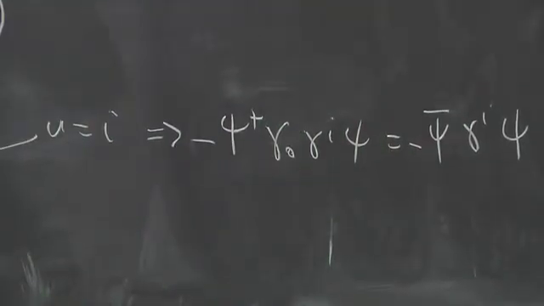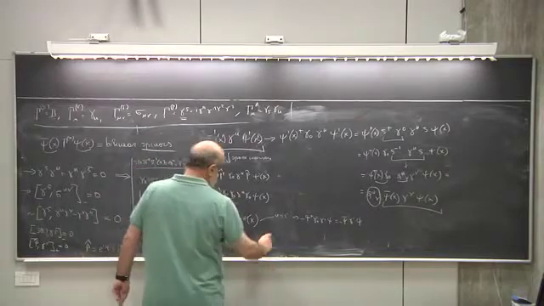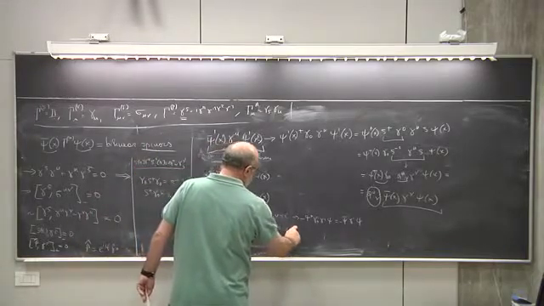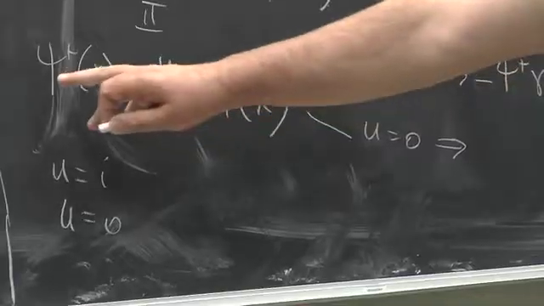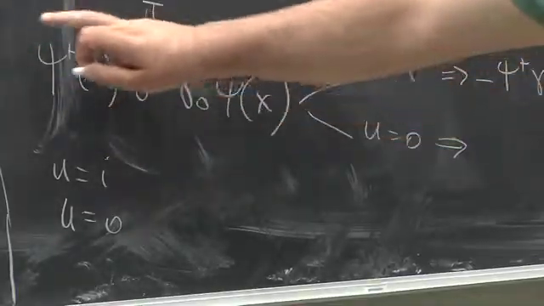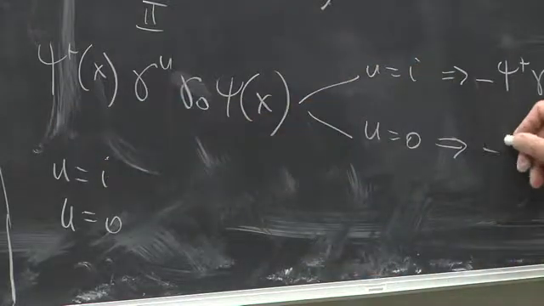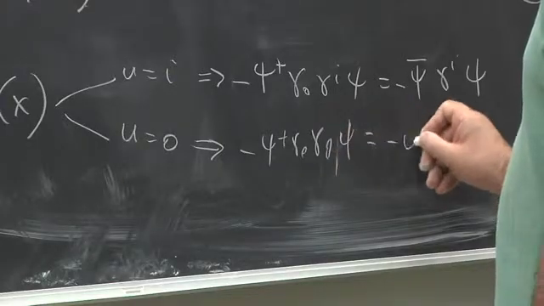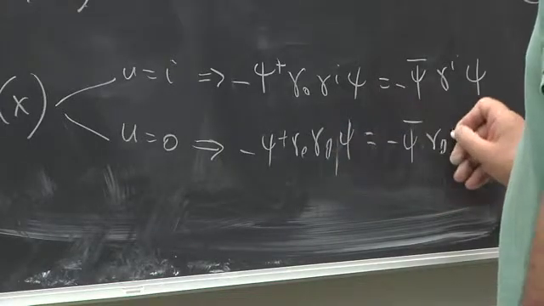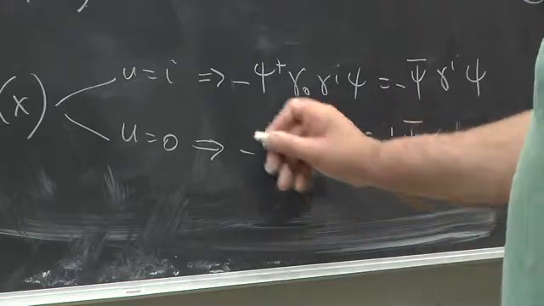Let's see the case instead mu equal 0. With mu equals 0, we would get gamma 0, but I can immediately take this gamma 0 and get the psi. So I would get psi dagger gamma 0 psi, but this is plus psi bar gamma 0 psi.